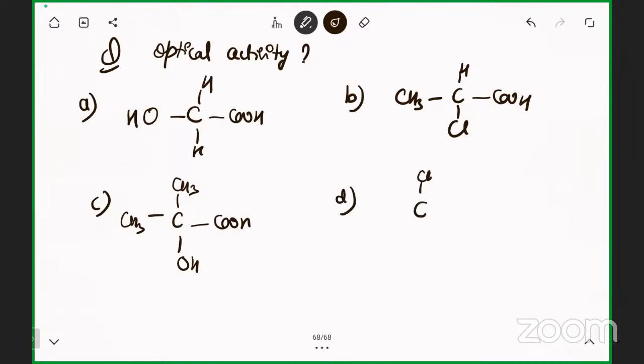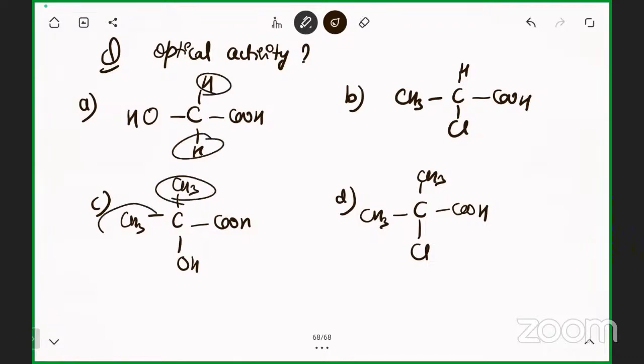D, we have CH3, Cl, COOH. Answer? B, sir. Okay, why B? The four atoms are different, sir, on the four sides. Just because if you see, we have similar atoms in the first, similar atoms in the third, similar atoms in the fourth. So the compound which has the chiral carbon will show optical activity, so option B is correct.